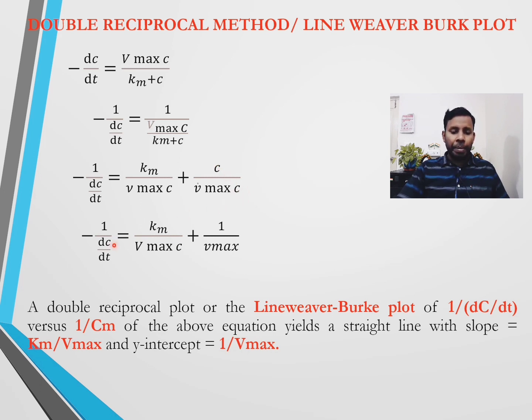So it will become minus 1 by dC by dt is equal to Km by Vmax C plus 1 by Vmax.